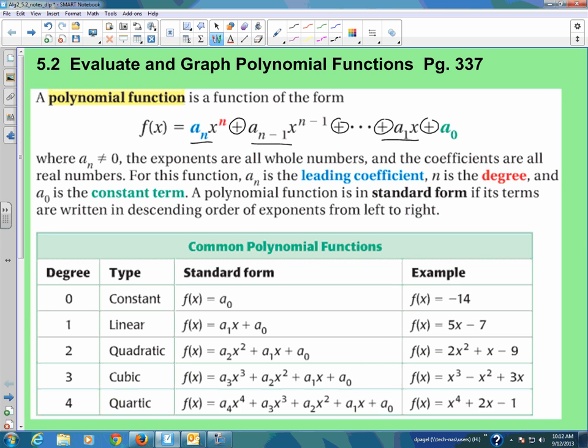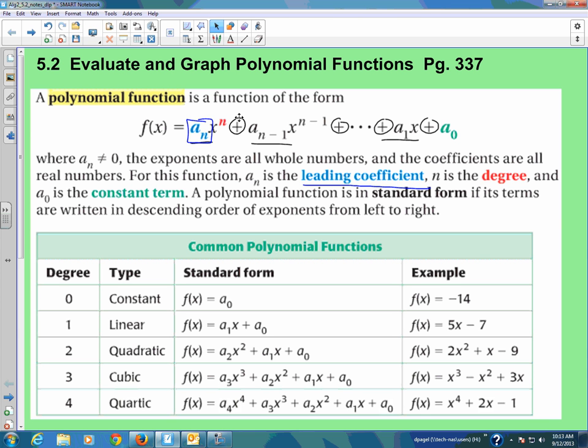All right, we have color-coded here 3 specific parts of a polynomial that we're going to focus on. The first part, the leading coefficient. Leading coefficient is the very first term of the polynomial. Now, you got to be careful with this one because it is not always the very first number of the polynomial that becomes my lead coefficient.